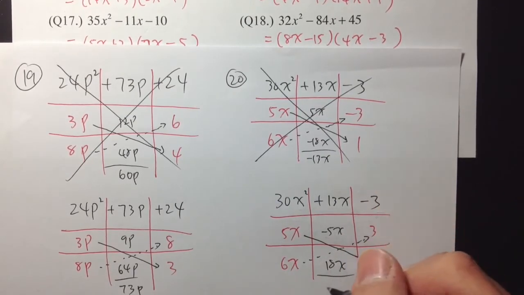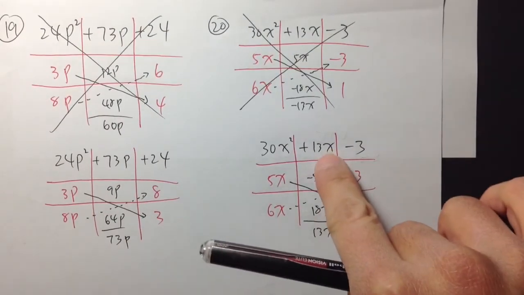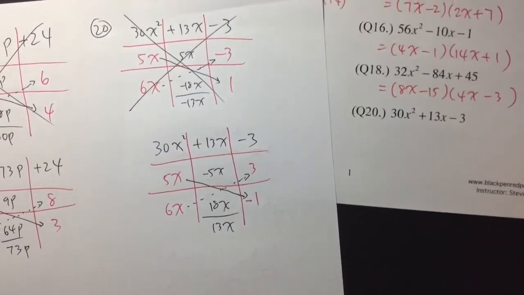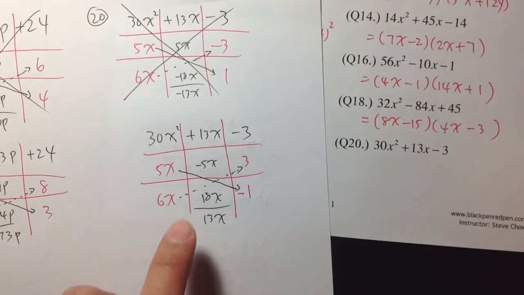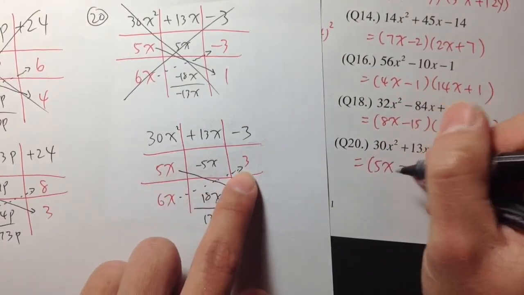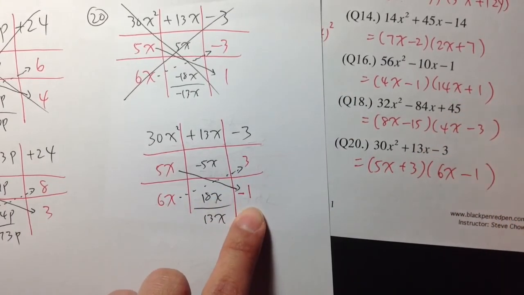These two together is exactly positive 13x, just like the one that we have in this middle box right here. So the answer for the last question is 5x plus 3 times 6x minus 1.